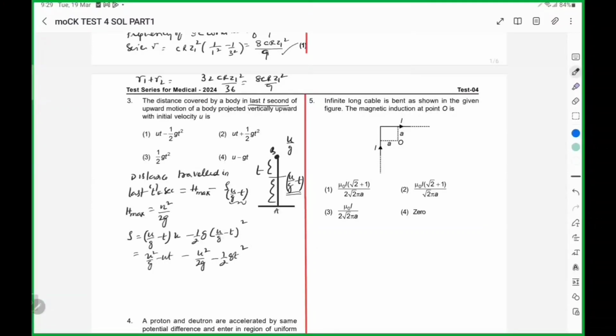Simplification, g gets cancelled, plus ut, which is u square by 2g minus half g t square. So distance traveled in t seconds is u square by 2g minus u square by 2g plus half g t square, which is half g t square.